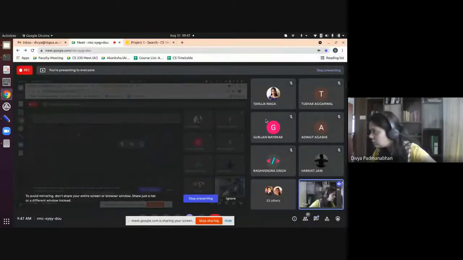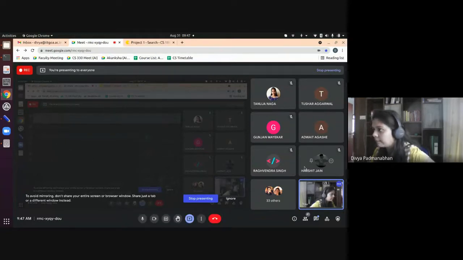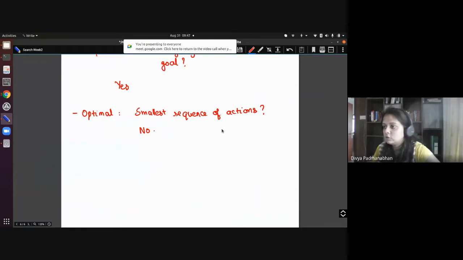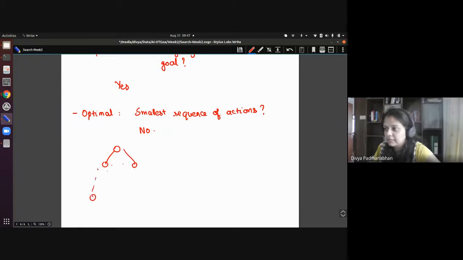So, Advait, you also wanted to say something? Yes, ma'am. Basically, it's just returning the first possible plan that we find. But in the tree, there can be some other path which we have not yet discovered, which can be smaller than the currently found path. Yes, exactly. So the search tree is going to be something like this.